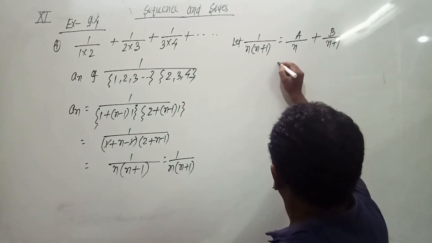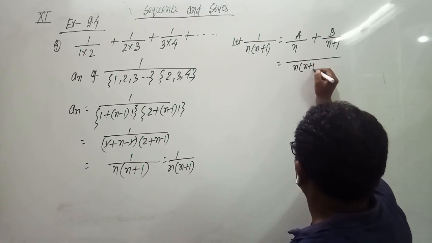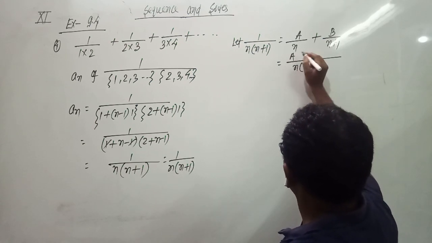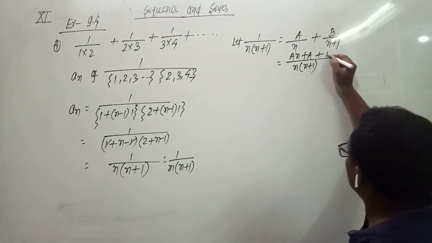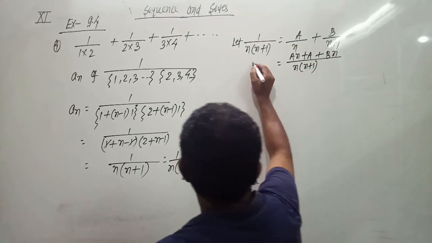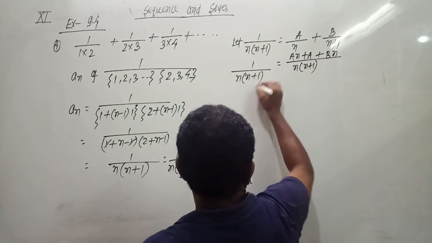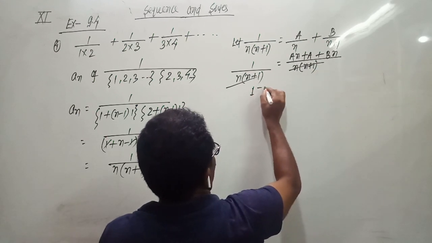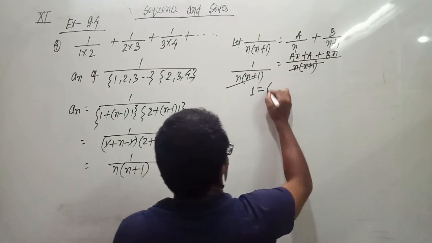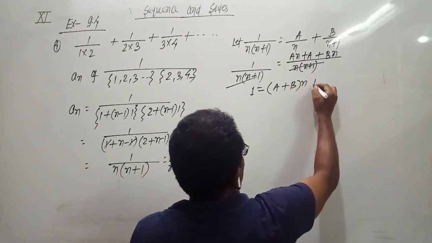So the LCM would be taken n into n plus 1. We get an plus a. From here we get bn. And on the left side there was 1 upon n into n plus 1. So the denominator gets cancelled and 1 equals, from these two terms, n is taken common, a plus b into n plus a.